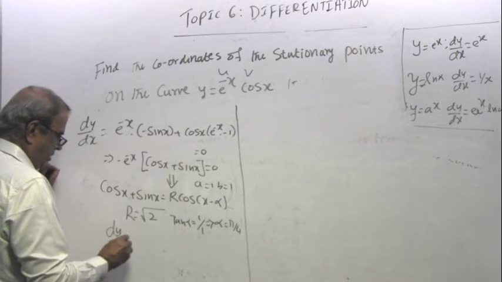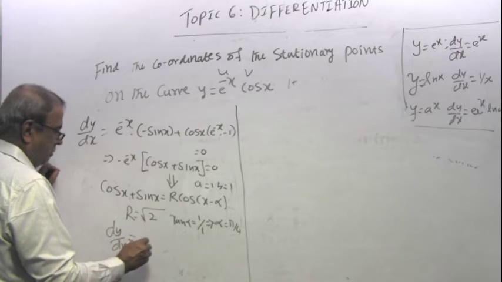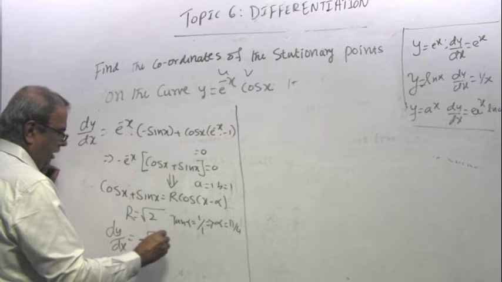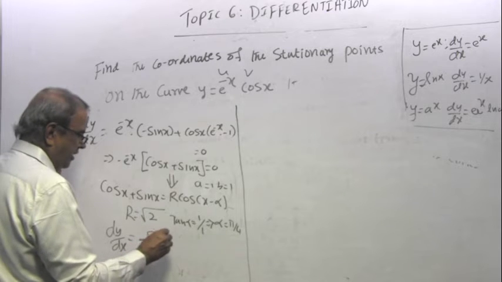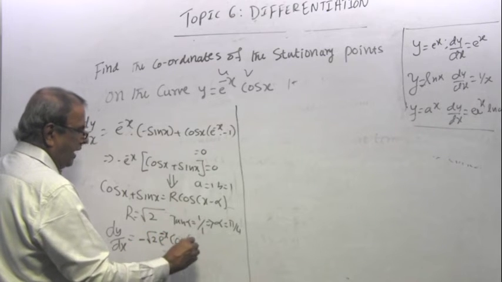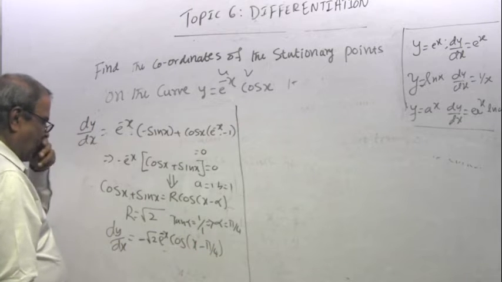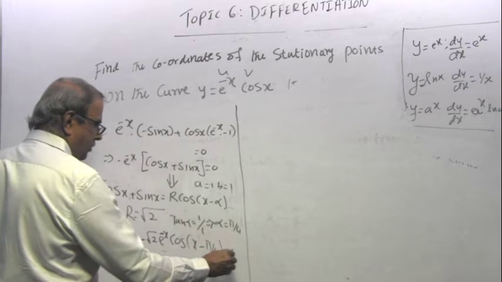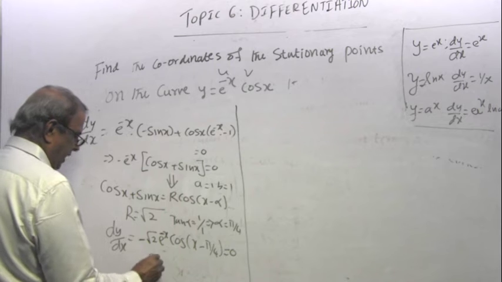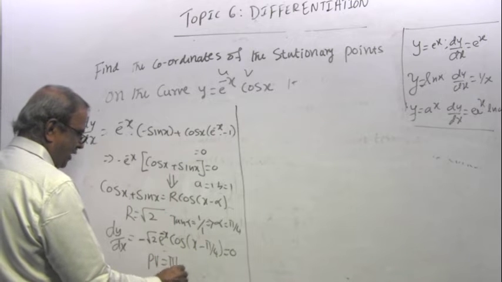So dy by dx equals minus root 2 e power minus x cos of x minus pi over 4. You equate it to 0. So your principal value is pi over 2.